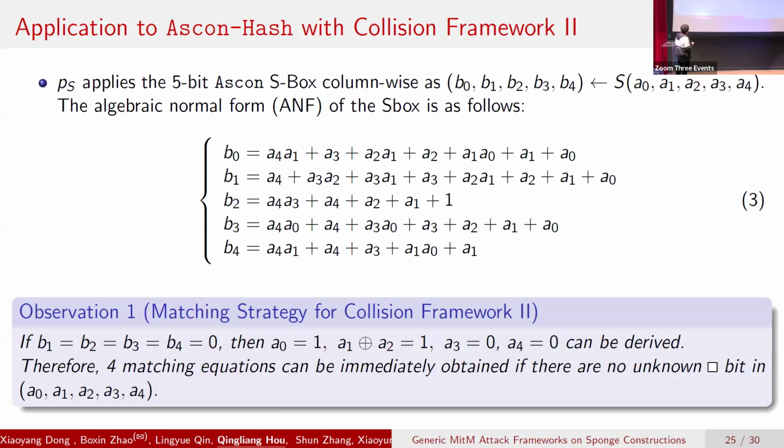That is the S-box of Ascon hash. We give the observation one, a matching strategy for collision framework 2. Since collision framework 2 allows us to fix bits to be constants at the inner part, we will observe that if the last four bits of the output of the S-box are 0, then we can obtain 4 matching equations immediately.